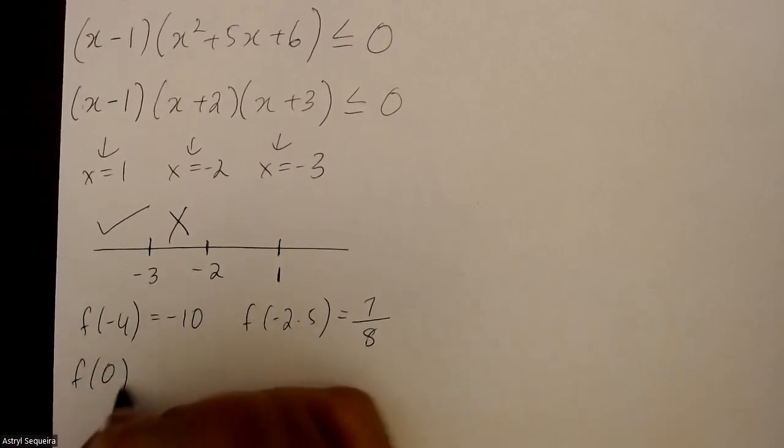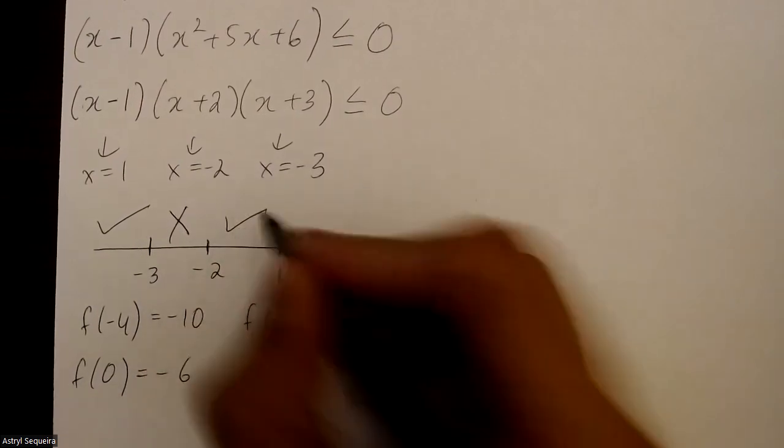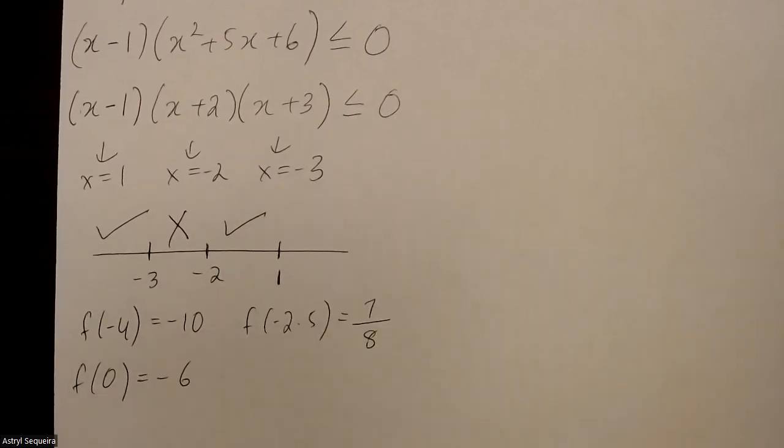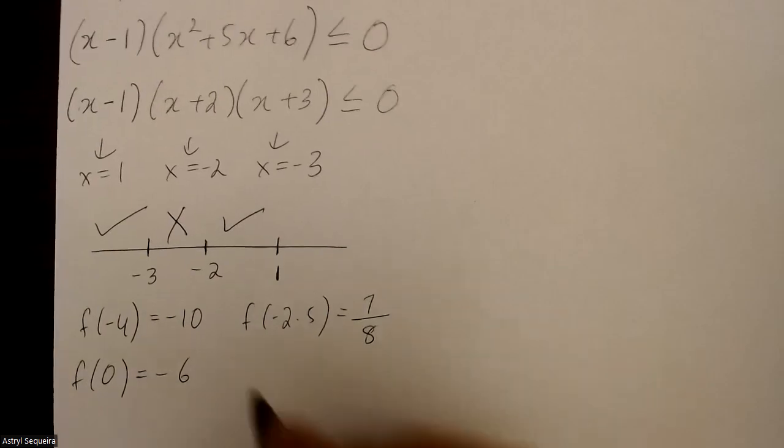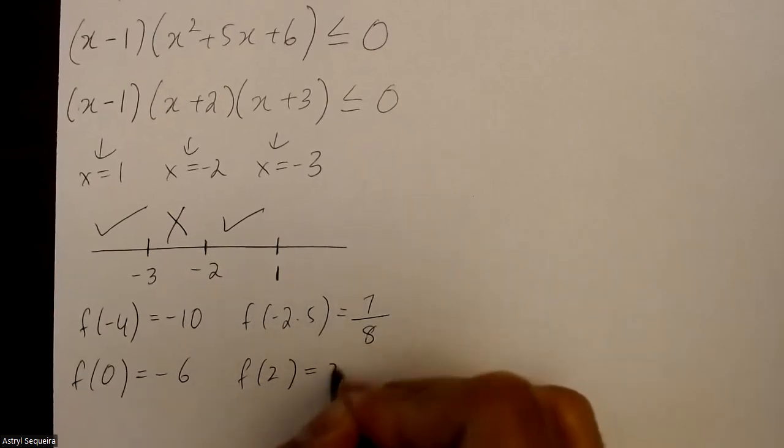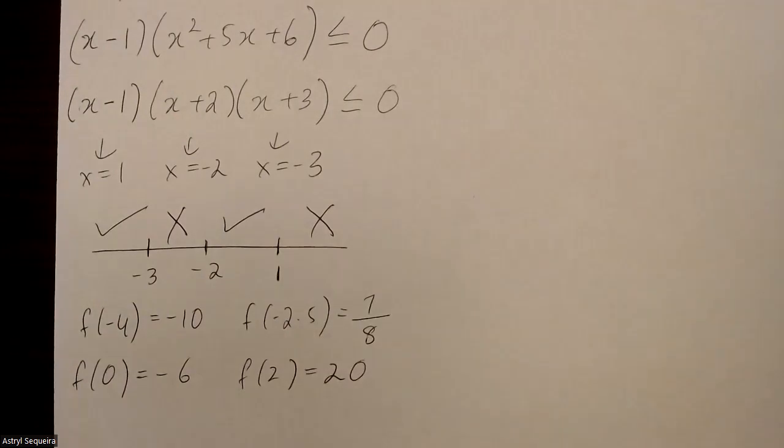F of 0 is negative 6, which is less than 0. And I'll pick 2 last. And f of 2 is 20, which is not less than or equal to 0.